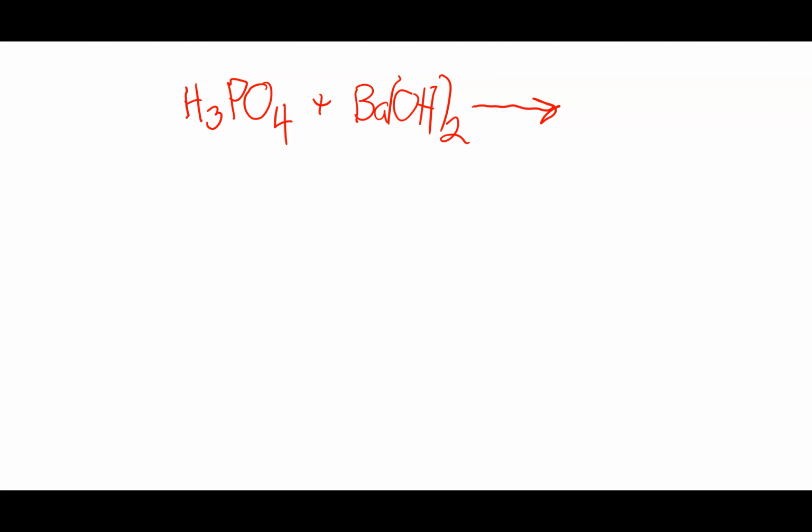So when we look at what's actually making up these cations and anions, we know that we have H pluses in phosphoric acid, and we also have the phosphate ion in phosphoric acid. Barium hydroxide, well, barium is a +2 cation, and we have hydroxides, which are -1 polyatomics.